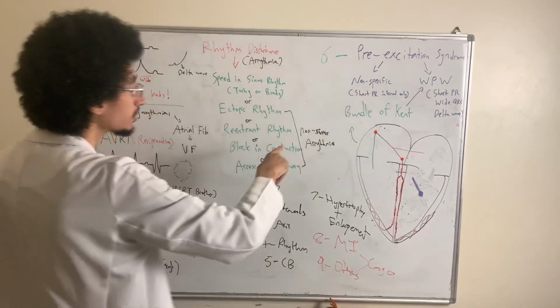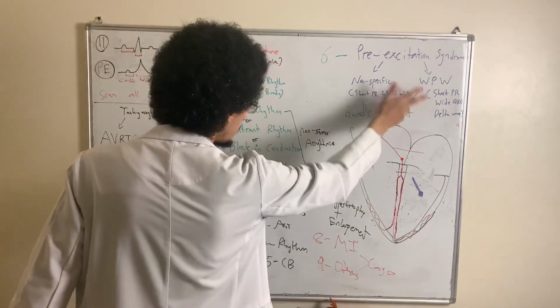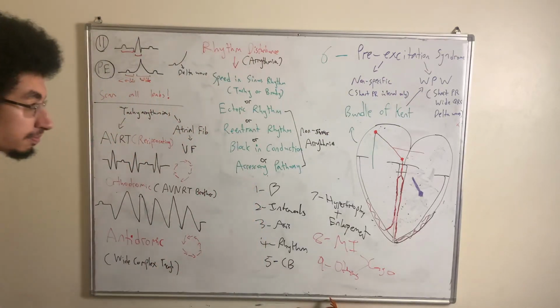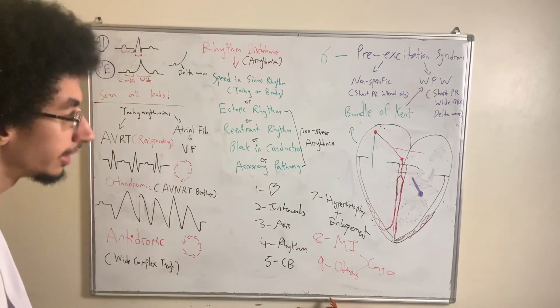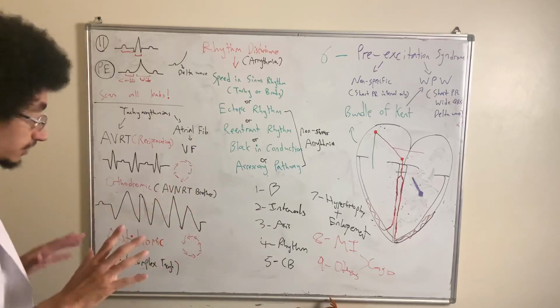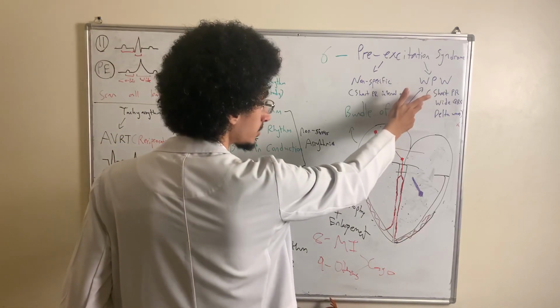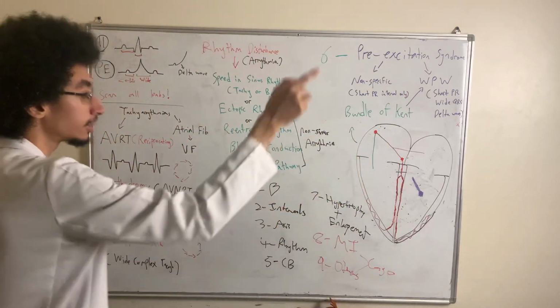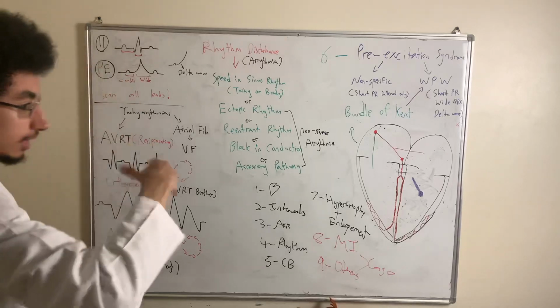So you have 2 types. The only difference between the 2 is additional features. They're seen in Wolff-Parkinson-White disease. Now, you might have heard the term Wolff-Parkinson-White syndrome and Wolff-Parkinson-White disease. Very simply, regarding definition, when people refer to Wolff-Parkinson-White syndrome, they refer to a confirmed diagnosis of Wolff-Parkinson-White on an EKG plus symptoms.